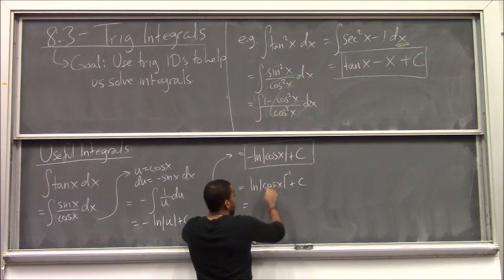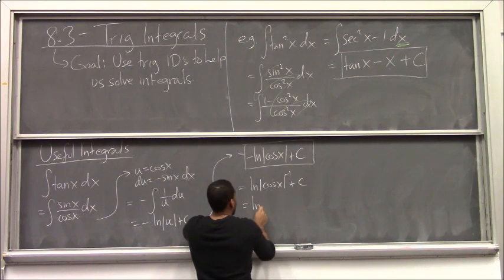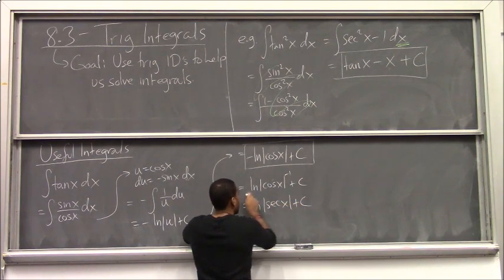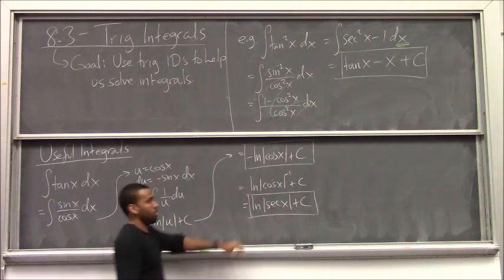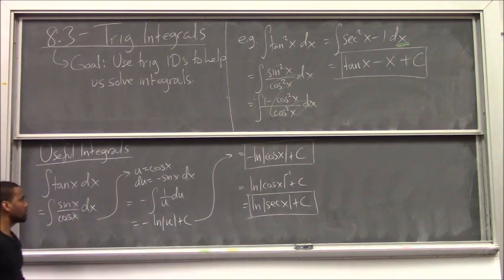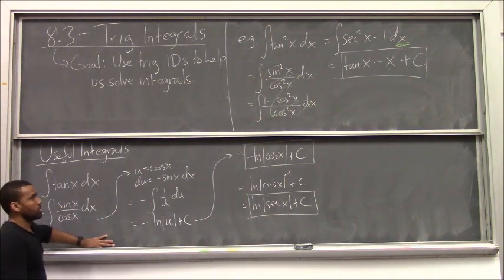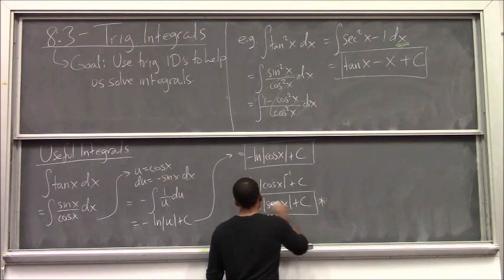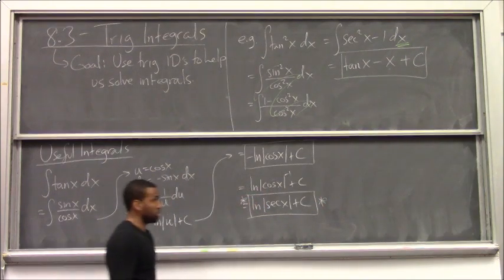So this is like 1 over cosine, which gives you secant. So, probably memorize this. But this was one of the bonus problems.